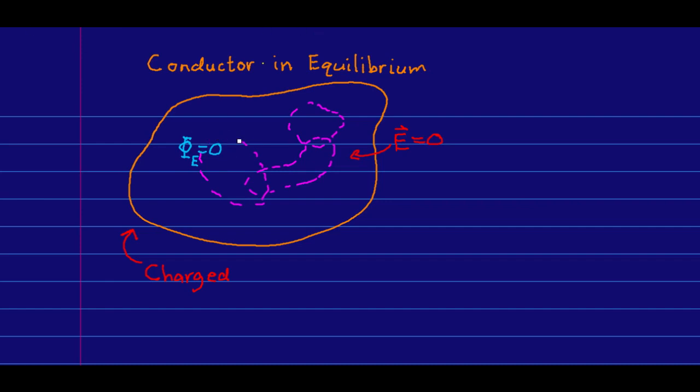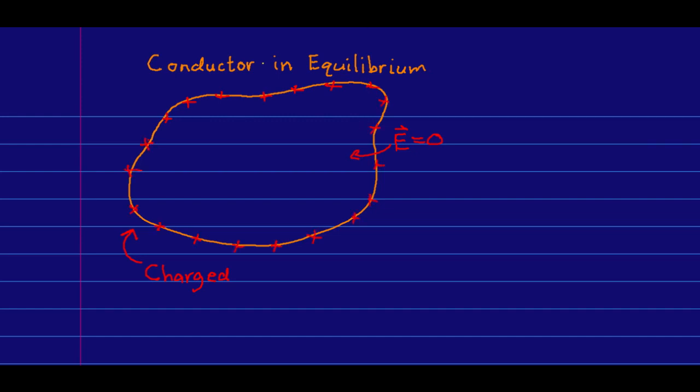So where is the charge? Well, it's not inside the conductor. The only place it can be then is on the surface. And so if, let's say, the net charge is positive, there must be a whole lot of positive charge out on the surface of the conductor. None of it can be on the interior.